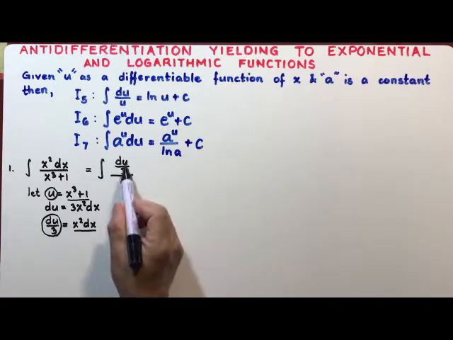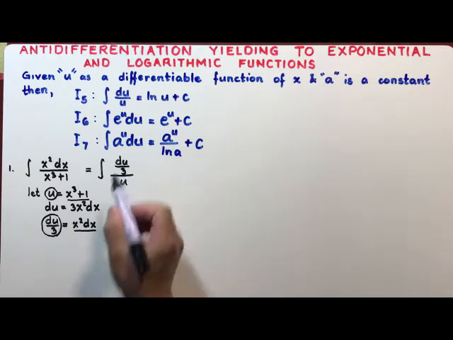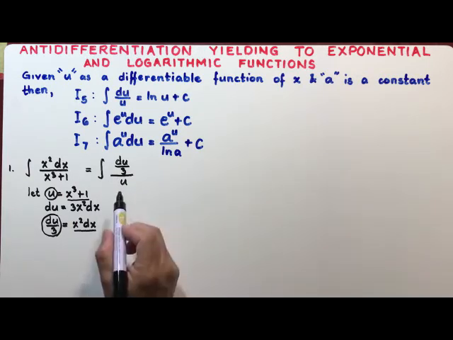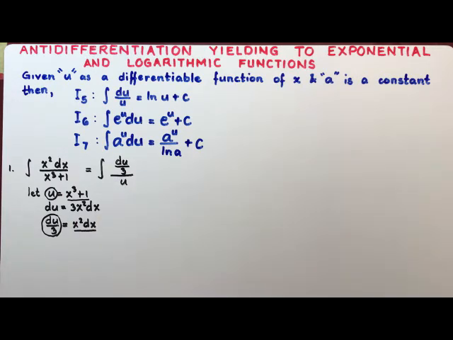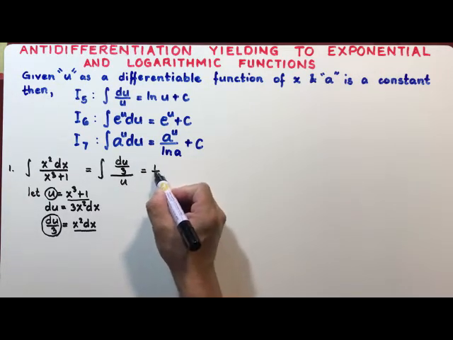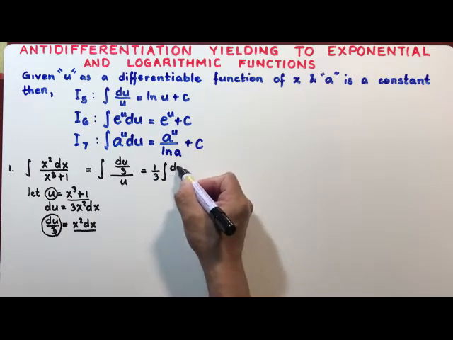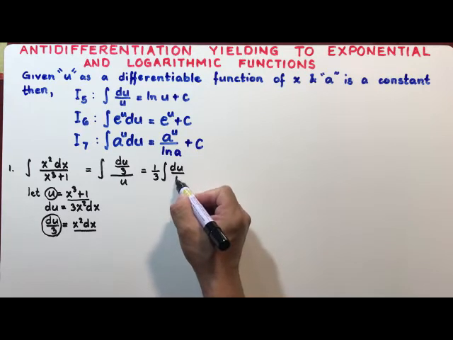So now my integrand is in terms of u this time, but I see here a constant 3 in the denominator of du, but that is okay because I can factor it out using formula number 2 in our previous video, that this can be written as 1/3 times the integral of du over u here.